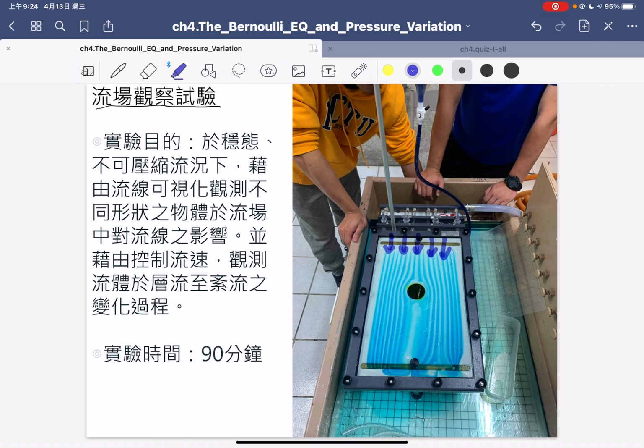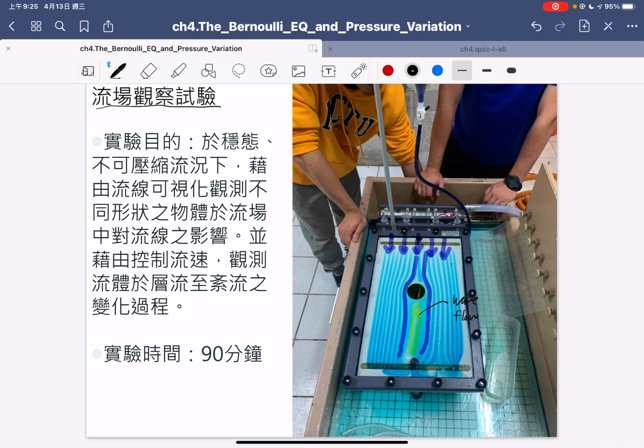With different flow velocities, you can see different streamlines. And the area in here we call the lower pressure area, right? And in here, usually we call it the wake flow. So in that laboratory experiment, we can control different velocities and see the streamlines change when you have a different velocity.